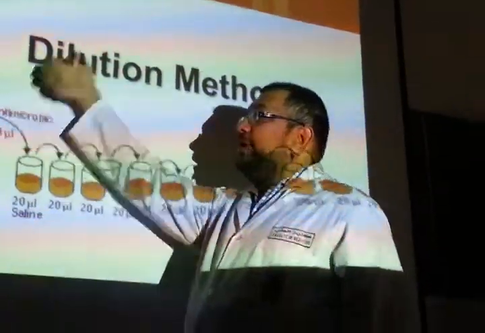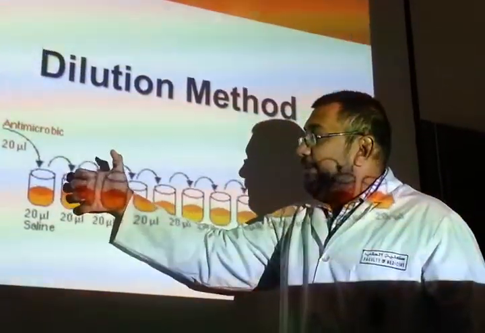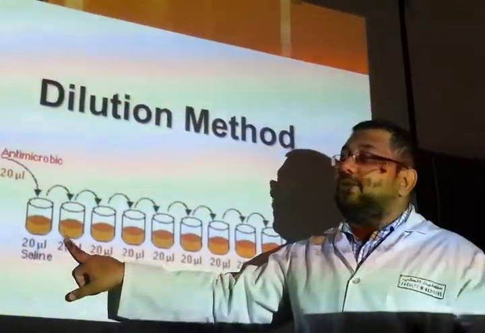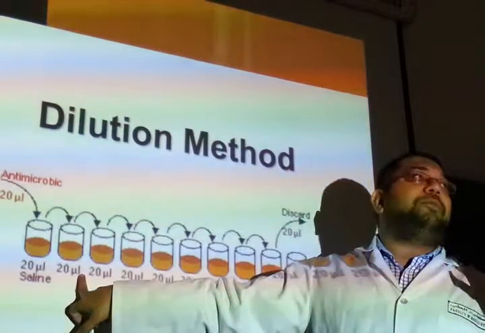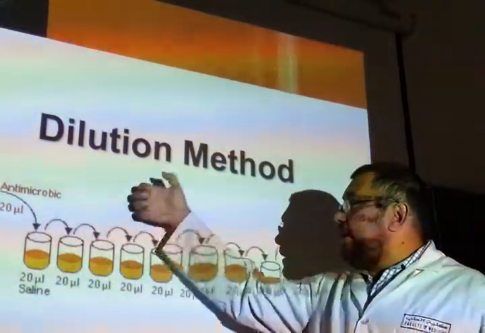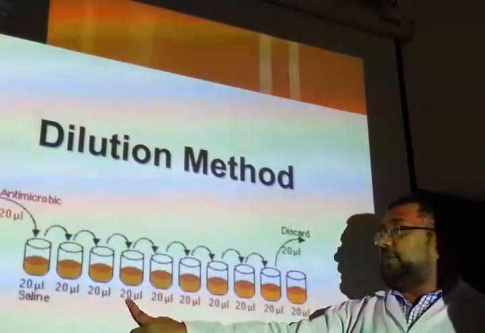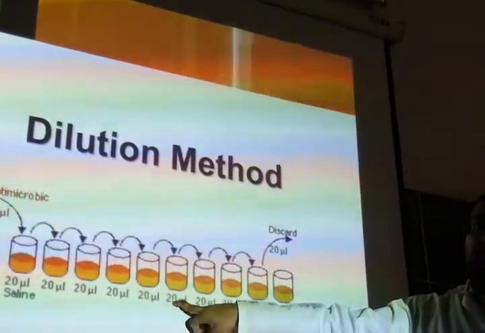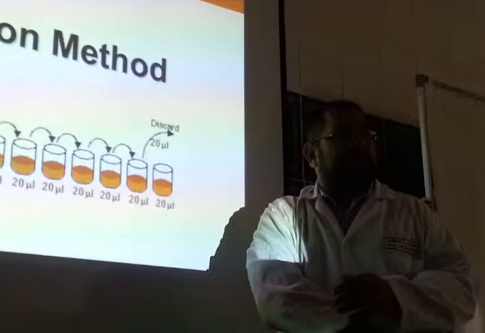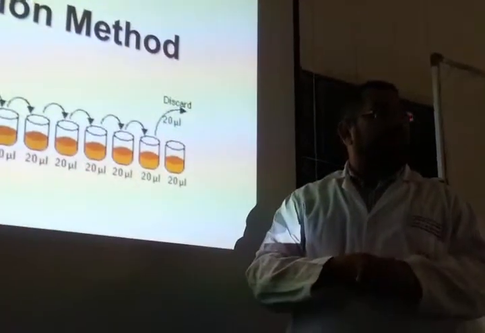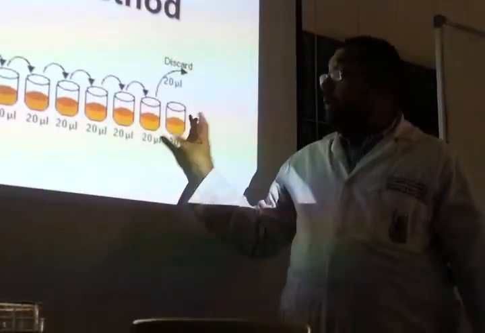I take 20 microliter from this, put it in the next, mix. So this will have less concentration than this: if this was 50, the concentration here will become 25. Then again 12.5, 6.25, 3.1, 1.5, 0.75, it will keep on decreasing. But doctor, this is the same, 20, 20, 20 in each one.